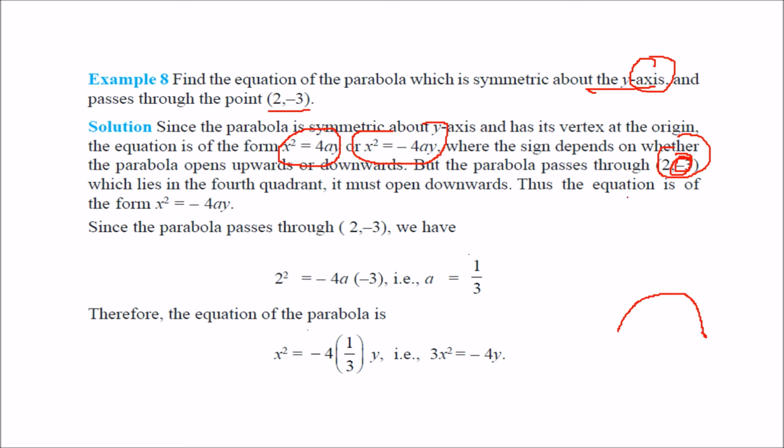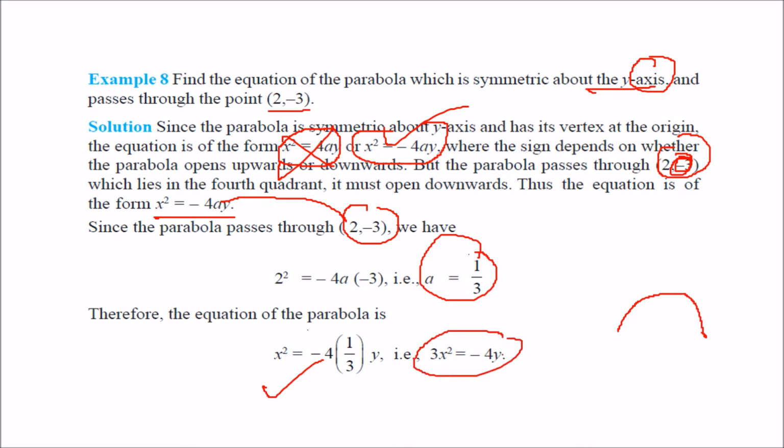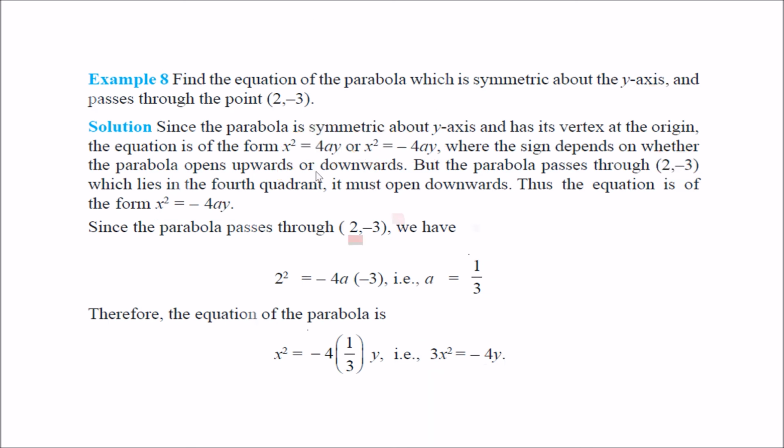So the equation cannot be x square equal to 4ay. It has to be x square equal to -4ay. Now the parabola passes through (2, -3). Placing this in the equation, you will get a equal to 1/3. The equation will be 3x square is equal to -4y. This is the standard way you are going to write it.